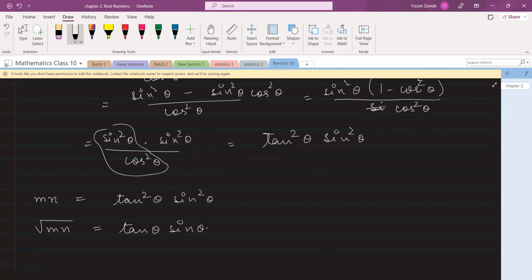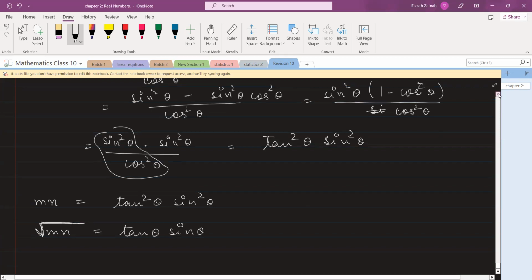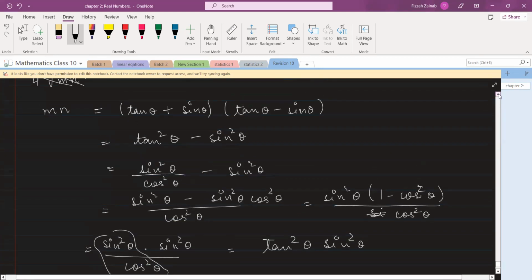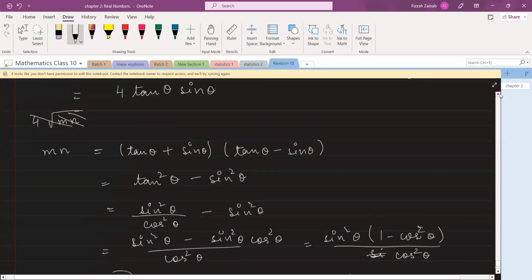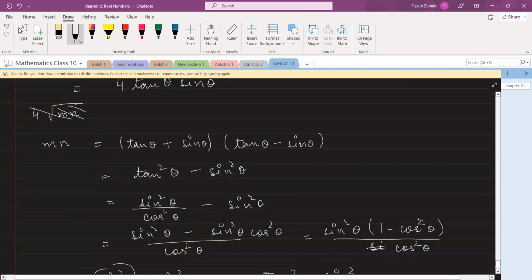So basically I wanted to avoid putting the square root in every term, so I'm taking it afterwards. Okay, Hamna. Yes, ma'am. So basically what I'm getting here is this. Now this is done.